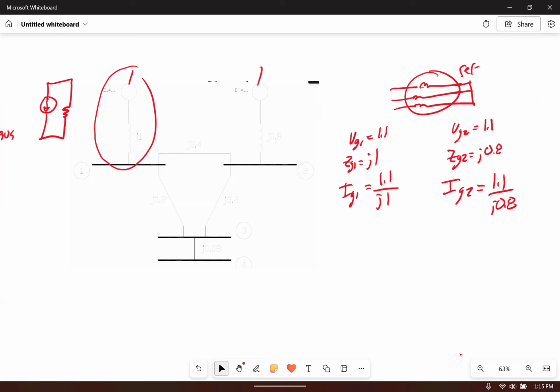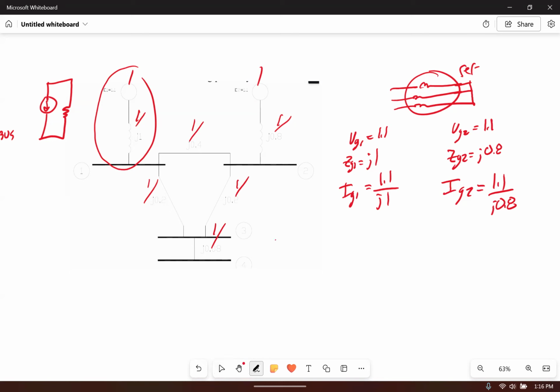Now I'm ready to start inverting. That's pretty easy. I just put a bunch of 1-overs here. Those are my admittances now. And so now I'm ready to start building my Y bus. There are no more steps that I need to do other than just start the process.